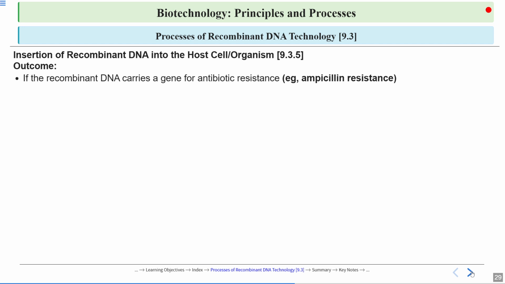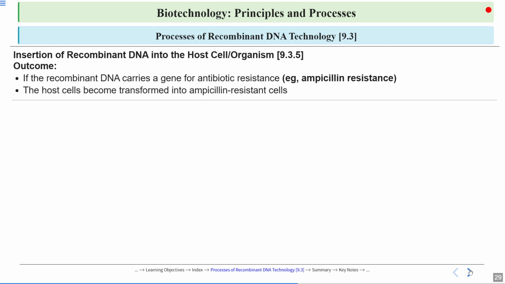What is the outcome? If the recombinant DNA carries a gene for antibiotic resistance, for example ampicillin resistance, the host cell becomes transformed into an ampicillin resistant cell. So what this is saying is that the recombinant DNA carries a gene encoding a protein which will make the host antibiotic resistant, that is ampicillin resistant.